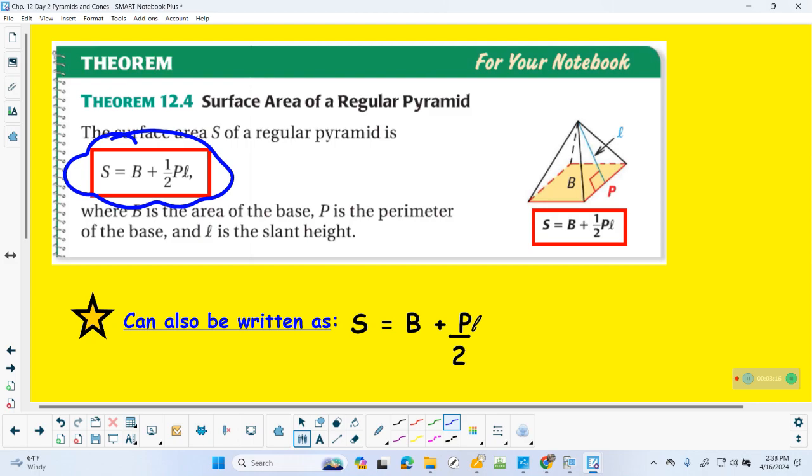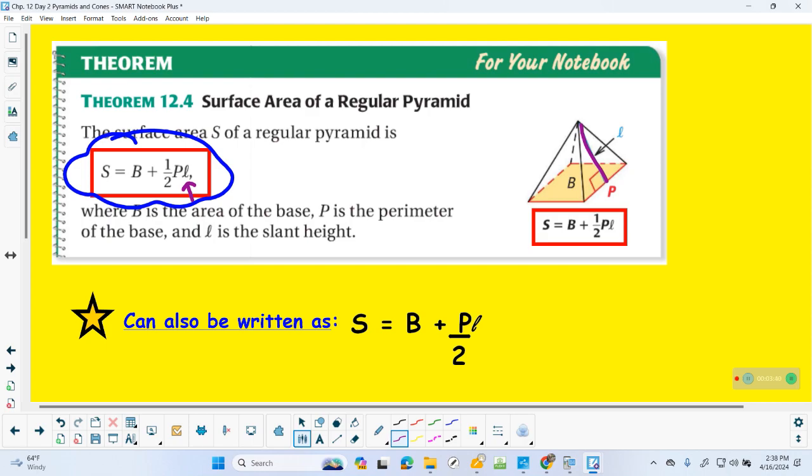If it is a hexagon, you have to know half-app. You have to know the formula for the base. P, of course, perimeter of the base, just like yesterday. The new letter is this guy. That lowercase cursive L. That is your slant height. So that's the new piece we're going to introduce to you in order to find these surface areas today.